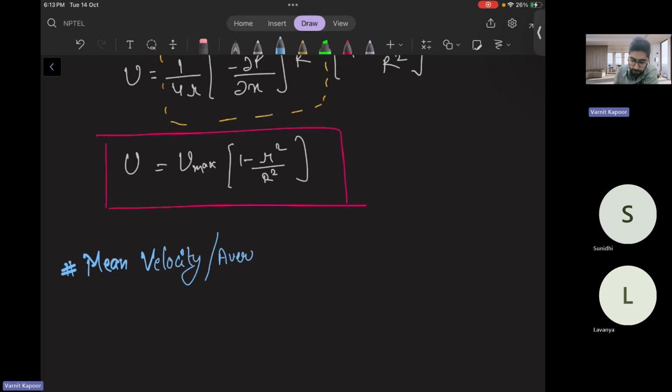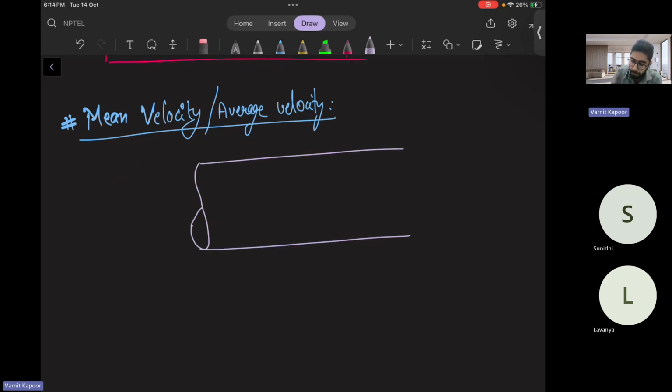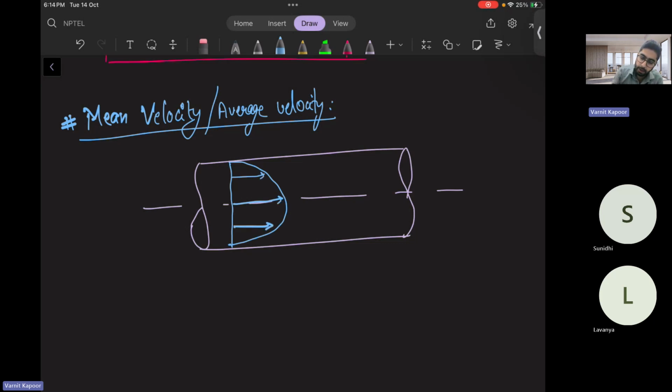Or you can say average velocity. Again, I have a pipe, I'll draw it. My actual velocity distribution looks like this: maximum towards the center and decreasing towards the ends. Mean velocity will look somewhat like this.